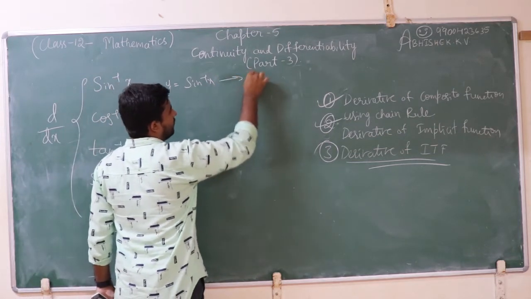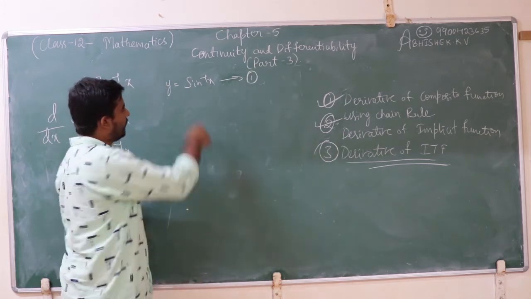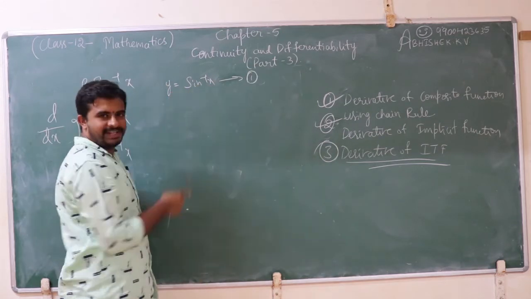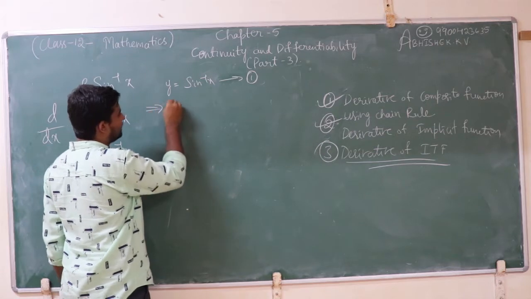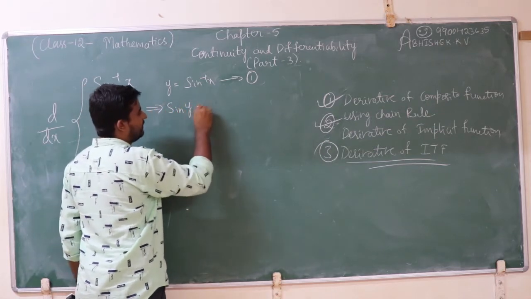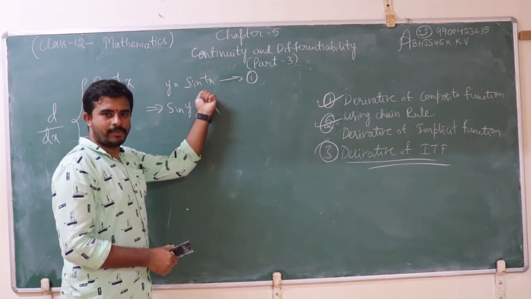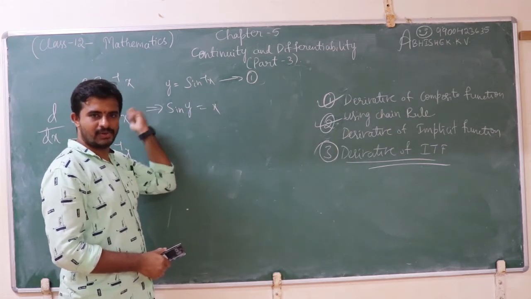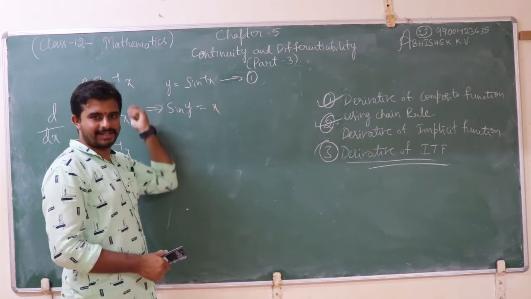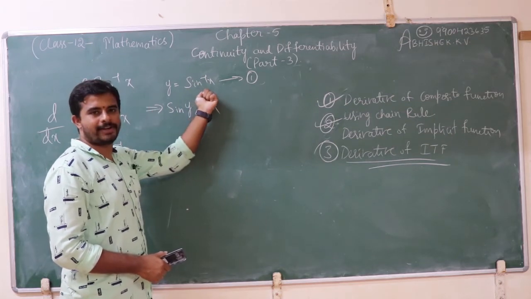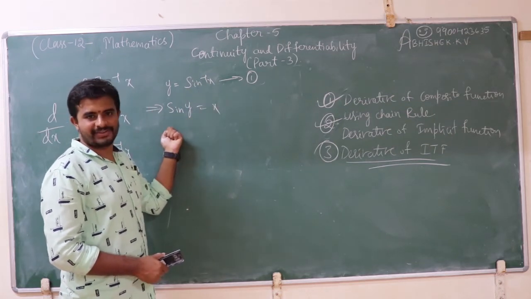So simply take y is equal to sin inverse x. Call this equation 1. From this, y is equal to sin inverse x implies sin y is equal to x. The inverse trigonometric function is transferred to the LHS, and the RHS function is transferred to the other side. The inverse trigonometric function becomes a trigonometric function.